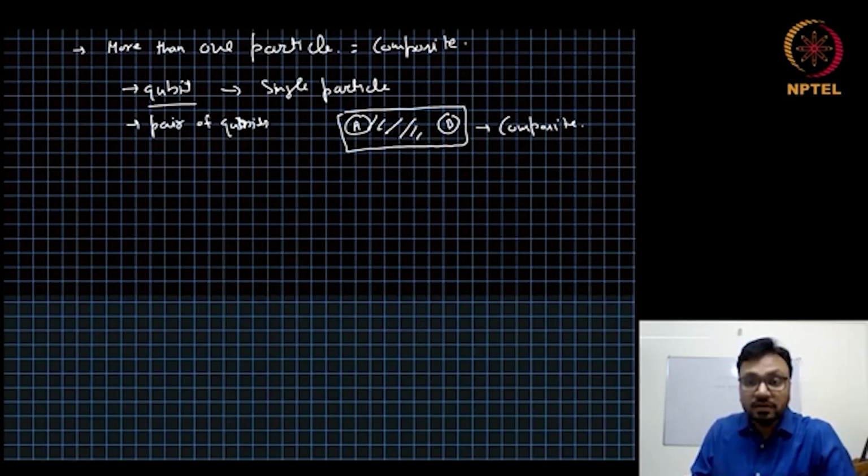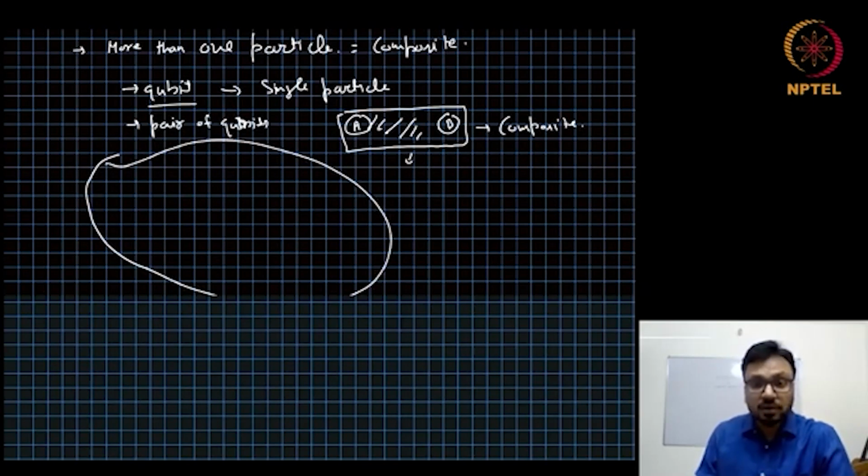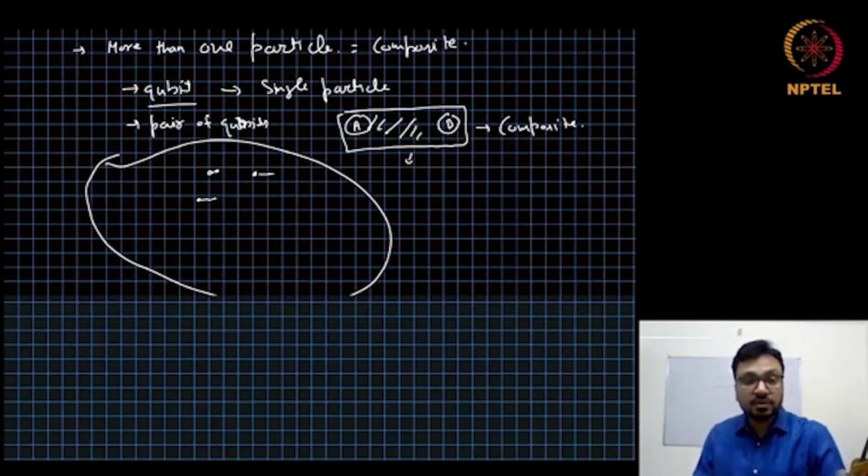Of course, one pair of qubits is of no use in quantum mechanics, so we will have an ensemble of pairs of qubits. Again, we are just representing them for the sake of representation, but these pairs of qubits need not be at the same location, and there are n tending to infinity, a very large number of those pairs.